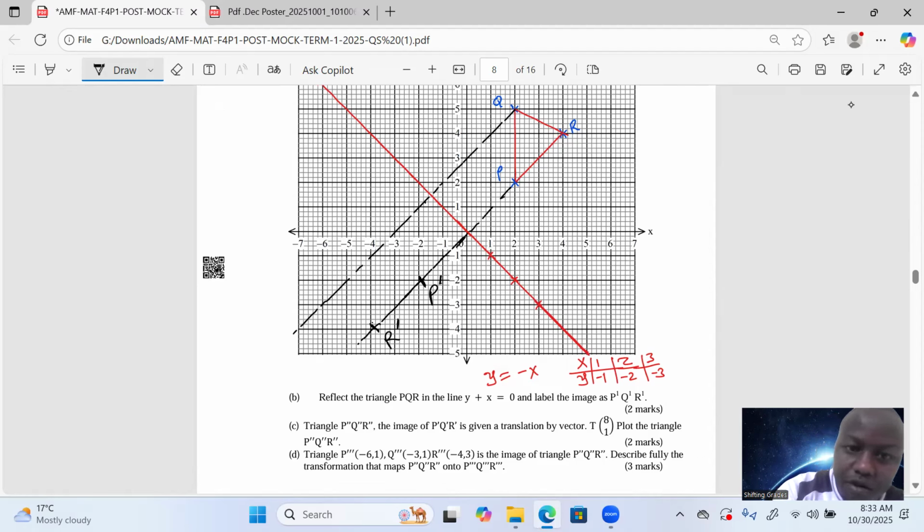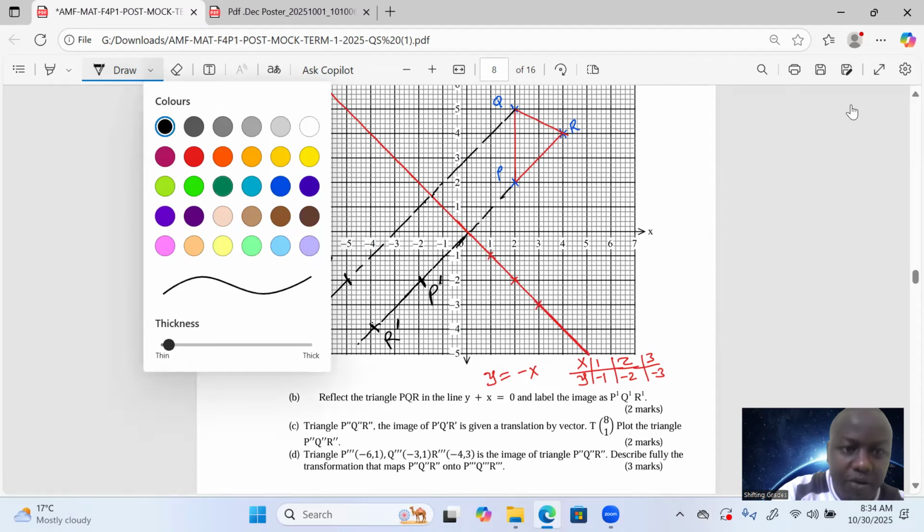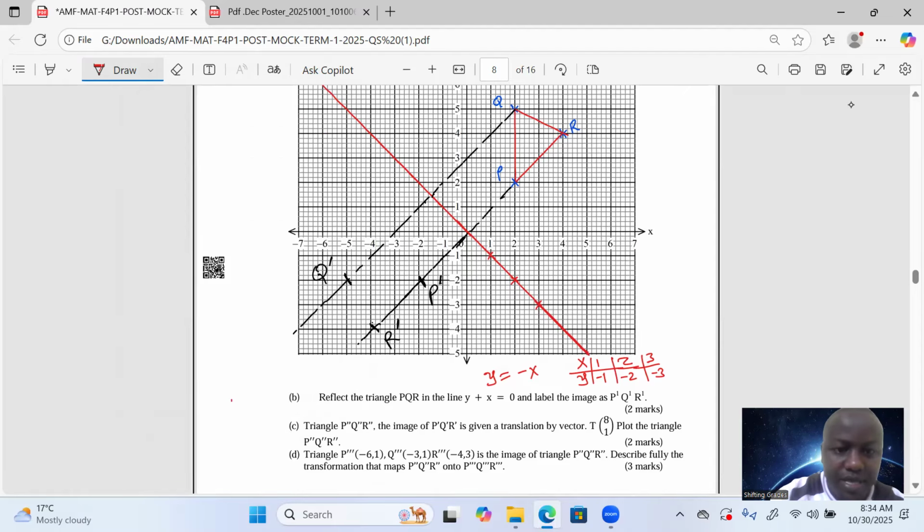From Q to the mirror line, then from the mirror line, an equal distance, you mark it off on the other side. So this now becomes our Q prime. And with these, now you can connect to come up with the second triangle, which is the reflection of PQR.